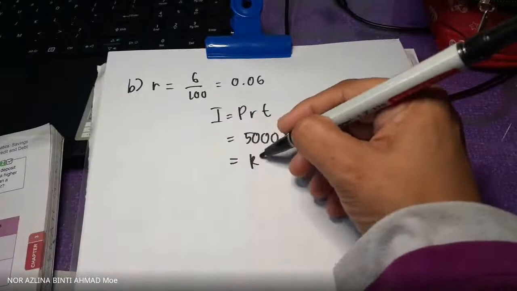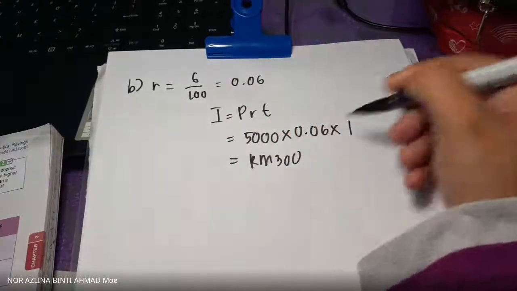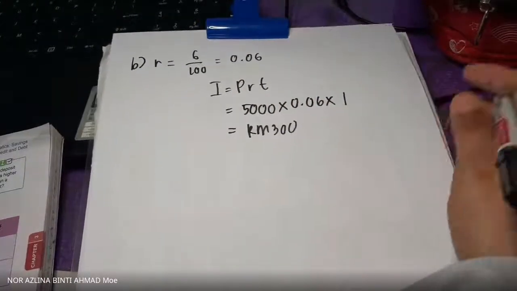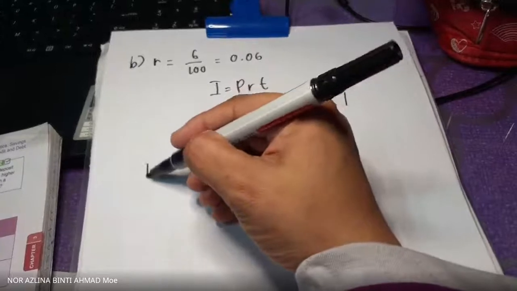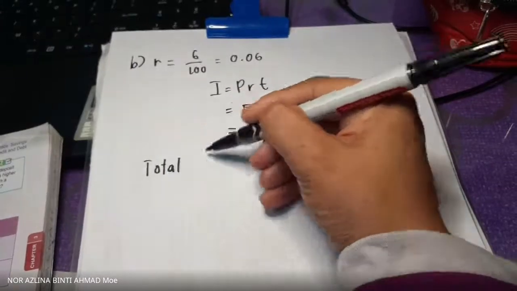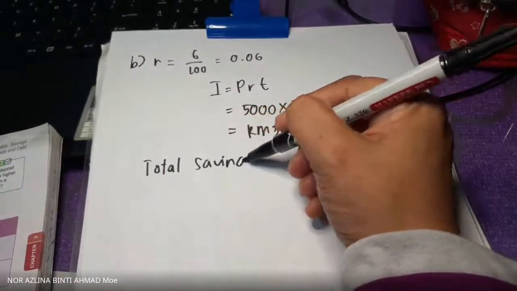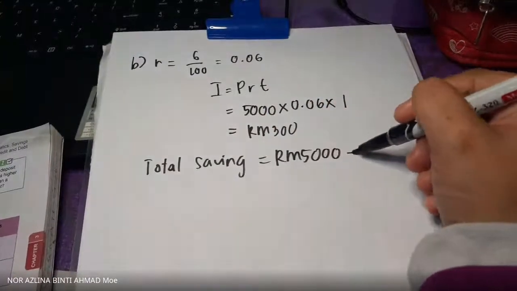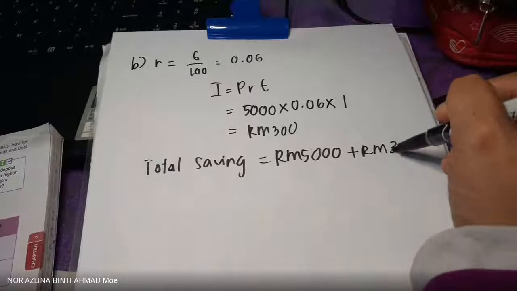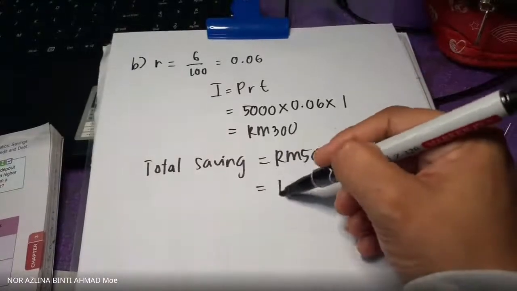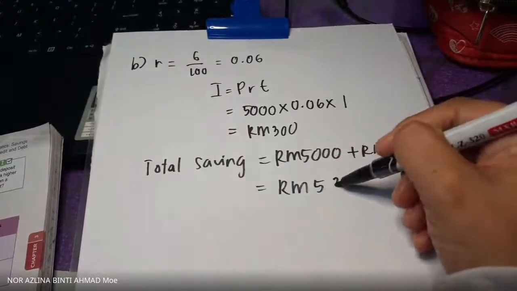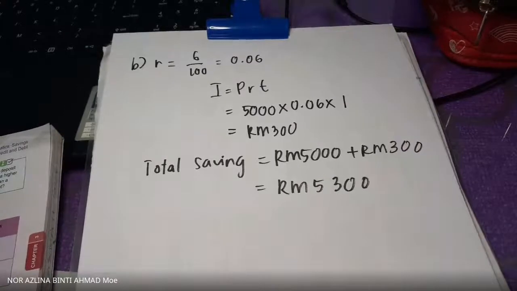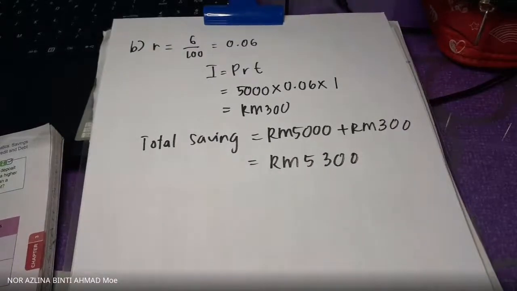This is RM 300. So now, the amount of total saving, we add RM 5,000 plus RM 300. So we get the answer RM 5,300. Okay, that is question A and B.